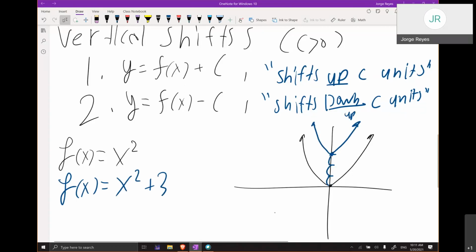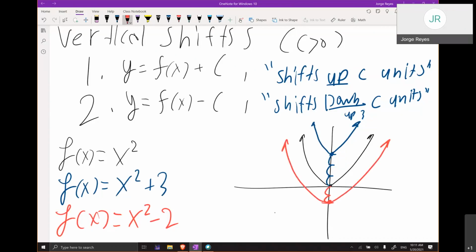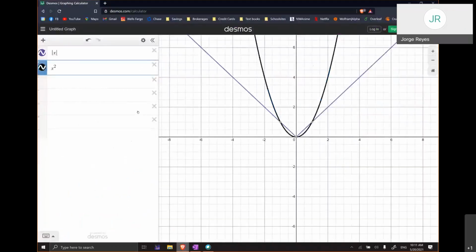So up 3. And then if I had instead a minus 2, that means I should just go down 2 and then copy the function. So pretty self-explanatory. I hope we get it.